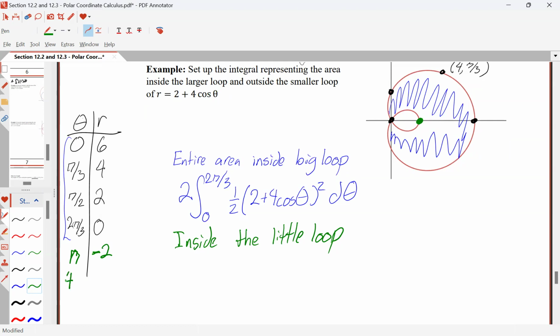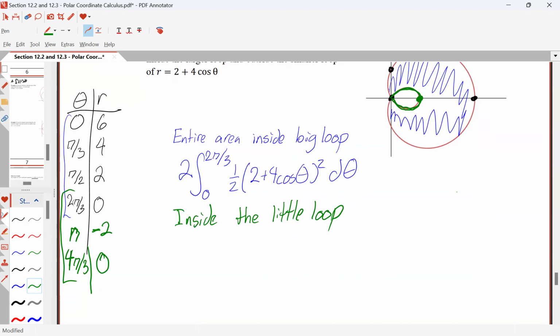And then at 4 pi over 3, cosine is negative 1/2 again, and 2 plus negative 4 times negative 1/2 is 0. So from 2 pi over 3 to 4 pi over 3, we graph the inner part of that loop.